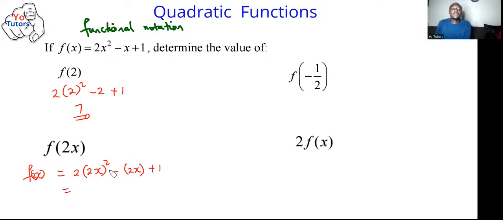In this case, 2 squared is 4x squared minus 2x plus 1, which is going to be equal to, 2 times 2 is 8, x squared minus 2x plus 1. So I will leave you to do this one and this one, guys.